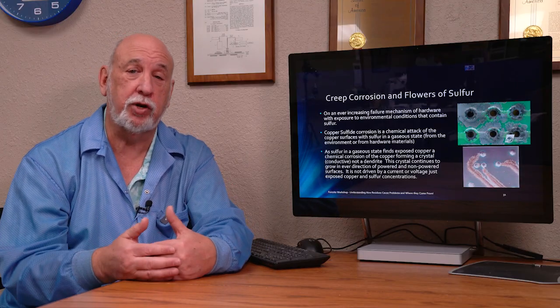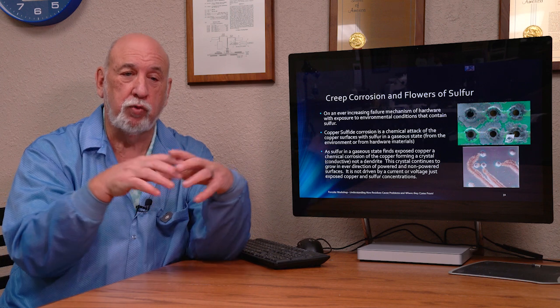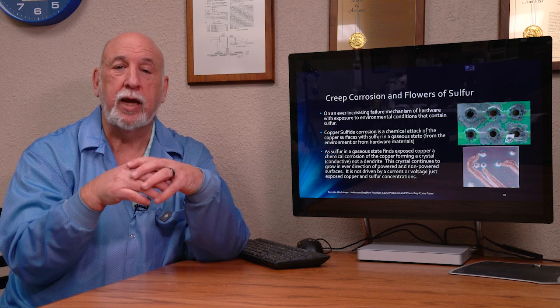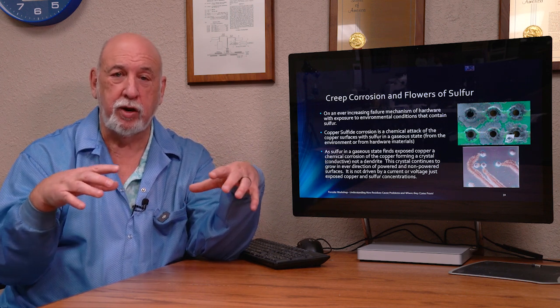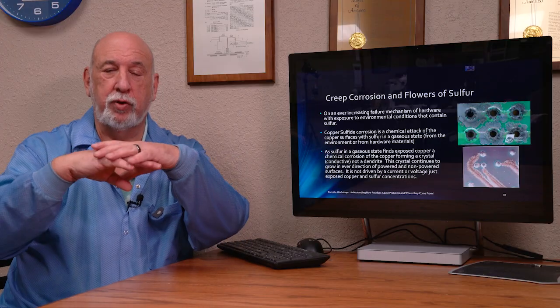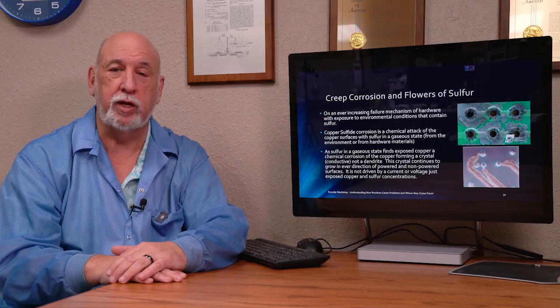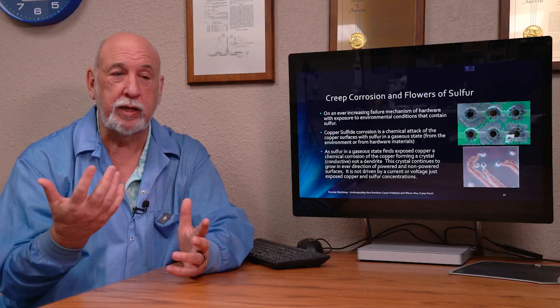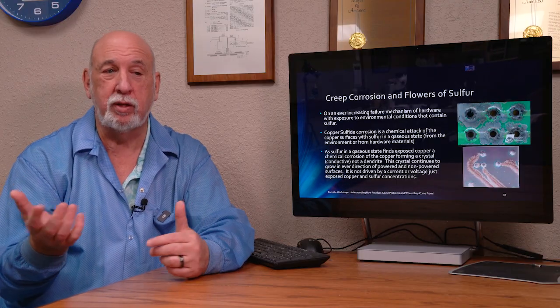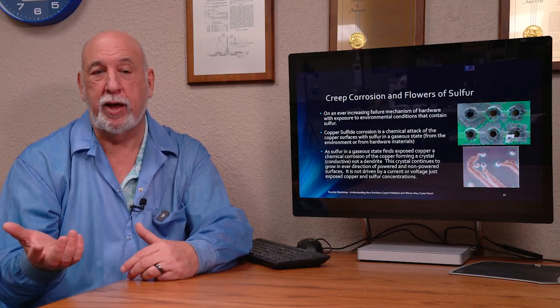So this is not like electrochemical migration. It will just grow radially from the source and feed to the surrounding area, and then as they grow together, they bridge and create the shorting path. So if you've got a battery-powered circuit, it doesn't matter.